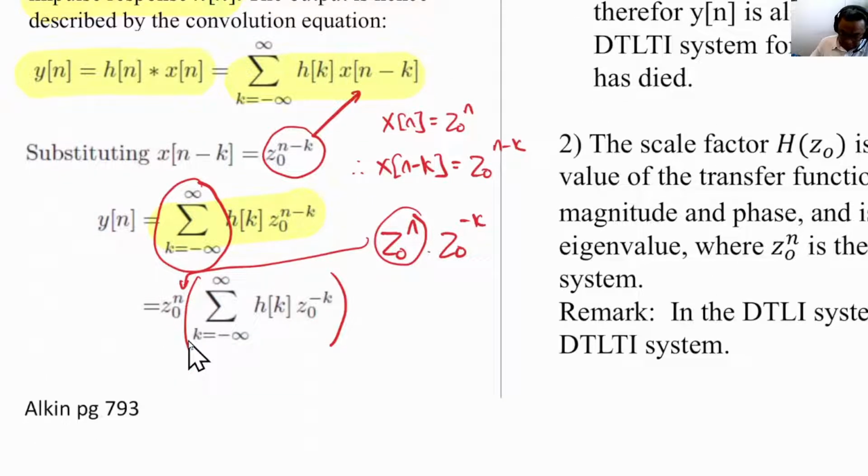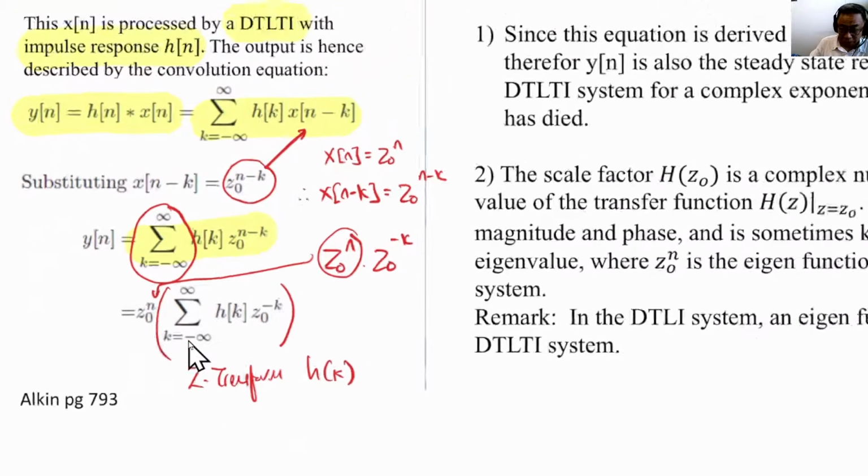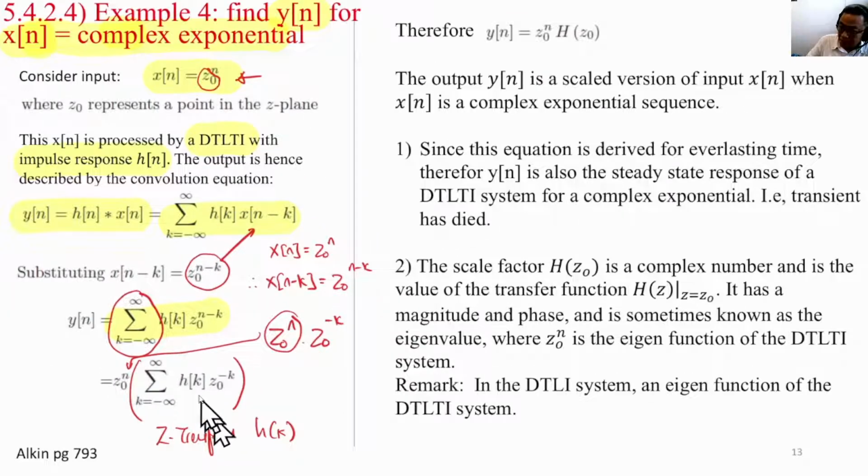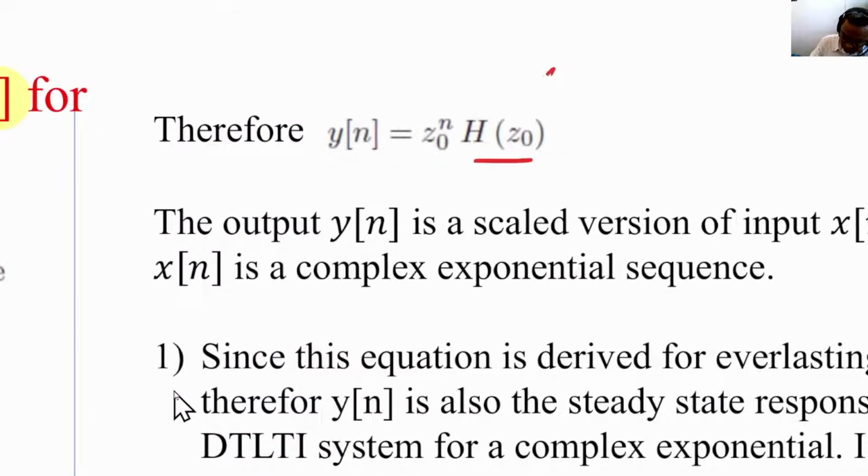And this expression, of course, is the bilateral Z-transform of h[k]. And if this sum converges, then let us call this H(z0), where H represents the transfer function evaluated with z equals z0.